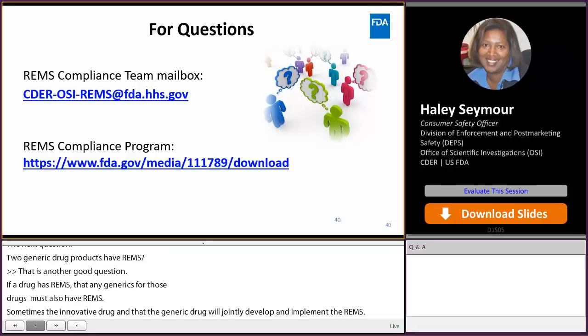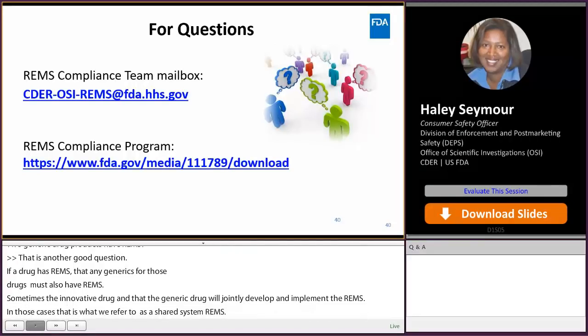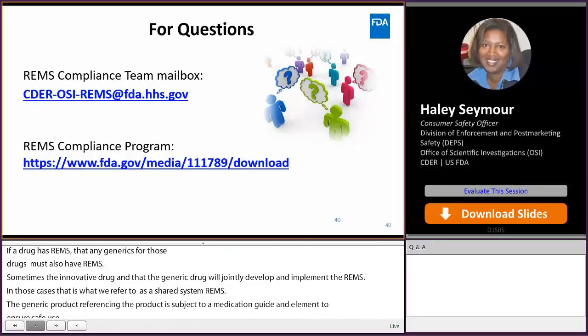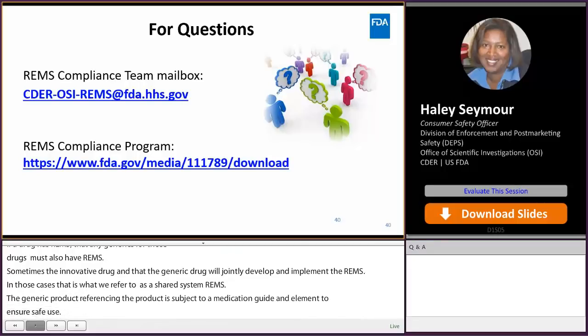So the generic product, referencing the product, is subject to a medication guide and elements to assure safe use. The generic must use a single shared system with the innovator for any of the elements to assure safe use, unless the FDA waives this requirement, in which case the generic can then use a different comparable system.